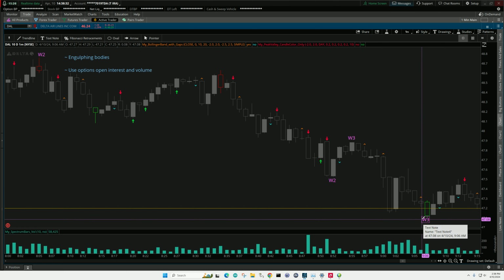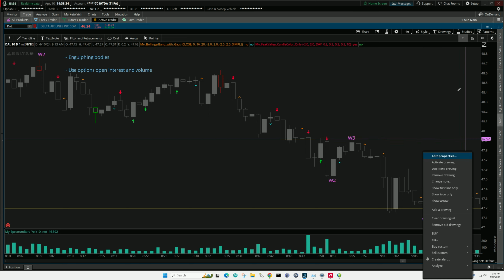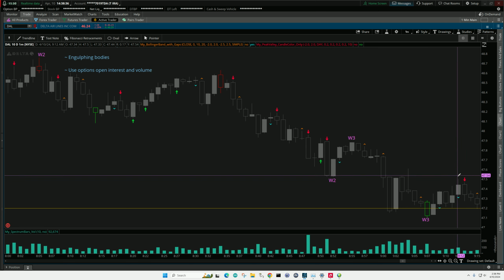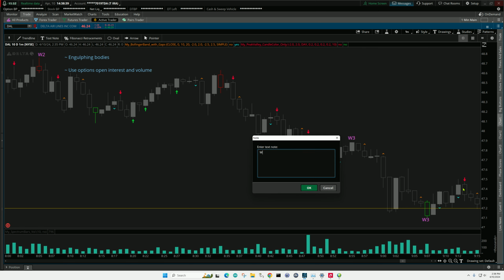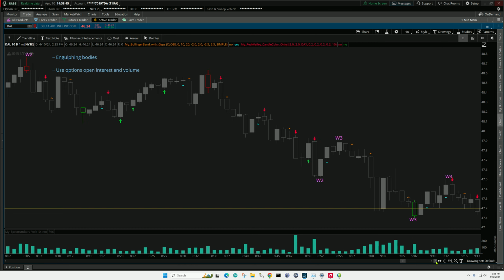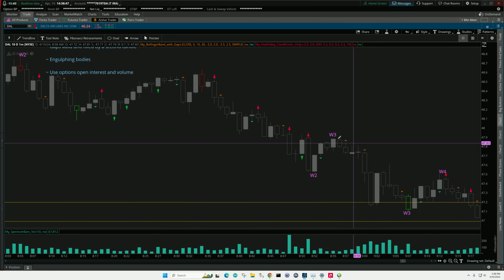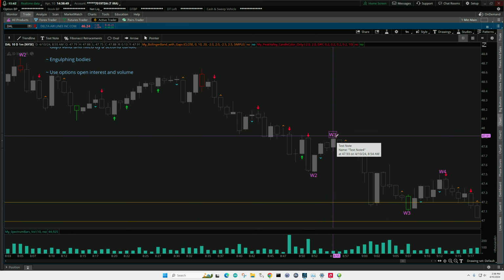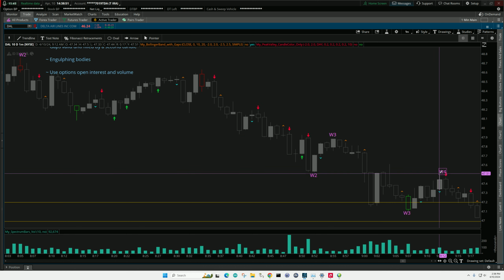So now wave 4 would be right here, wave 4 beginning. Scrolling to the right. So now you could move your stop down from the wave 3 high all the way down to the wave 4 high.